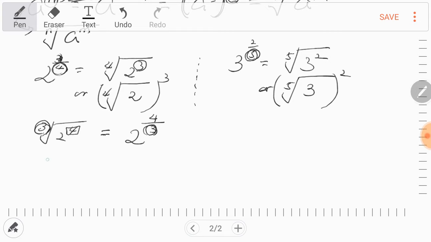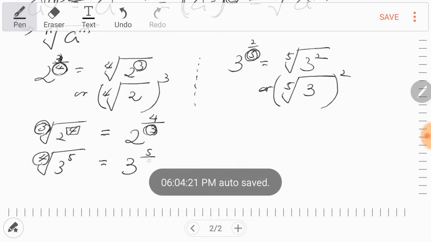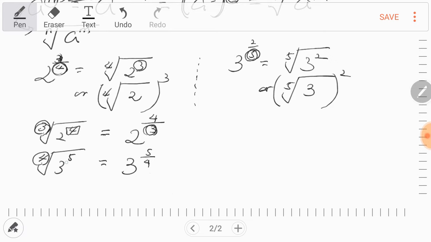Okay, how about the 4th root of 3 to the 5th power? Then this 4 goes to the denominator of the exponent. 3 to the power 5 over 4. The exponent is 5 over 1, so this 4 will move to the denominator, like this.